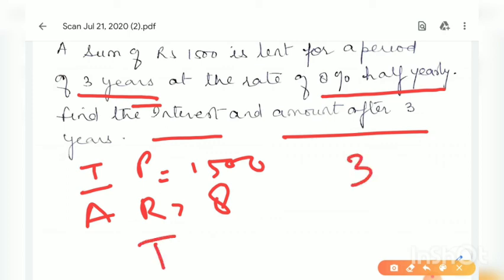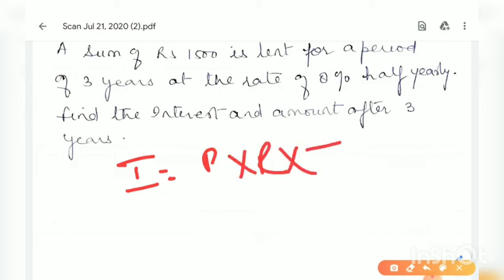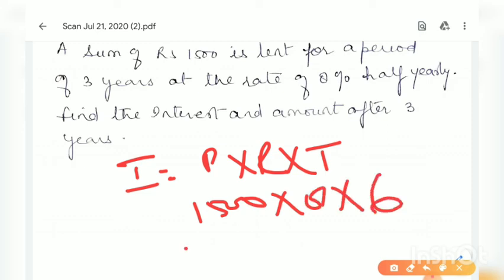But as you know, 1 year is equal to 2 half years, so 3 years will be equal to 6 half years. Now I is equal to P into R into T upon 100, which will give you 1500 into 8 into 6 upon 100.